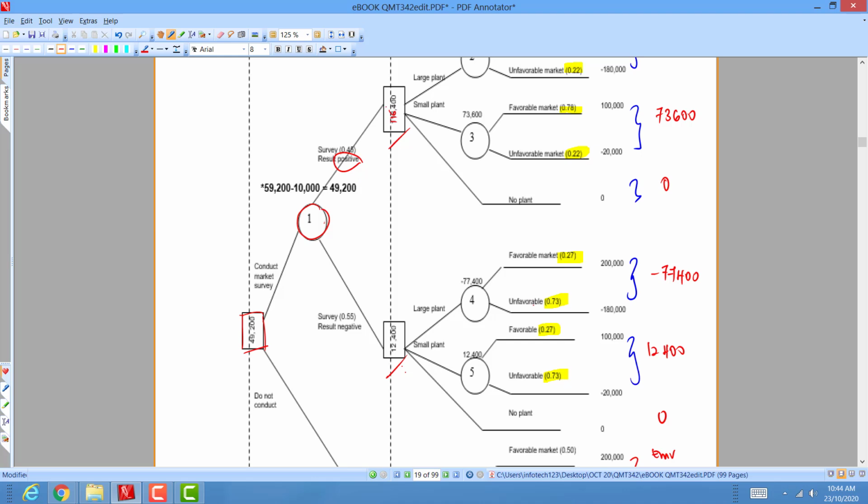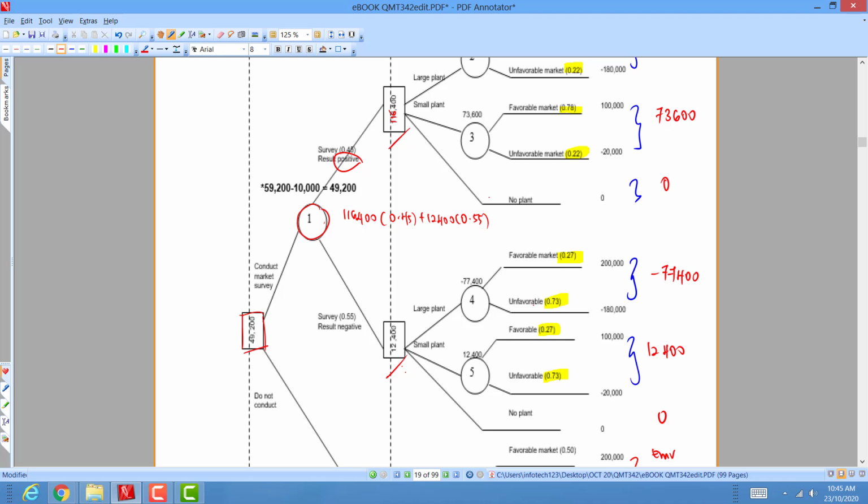To get 59,200, you take 116,400 multiplied by the probability of the positive survey, 0.45, plus 12,400 multiplied by 0.55. That gives 59,200, but it is not finished yet.